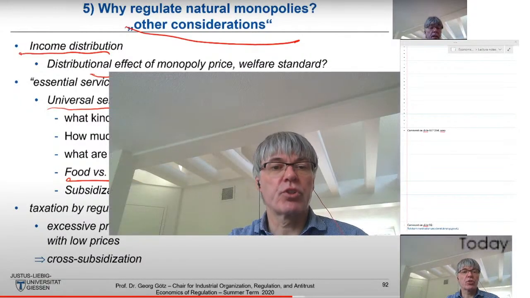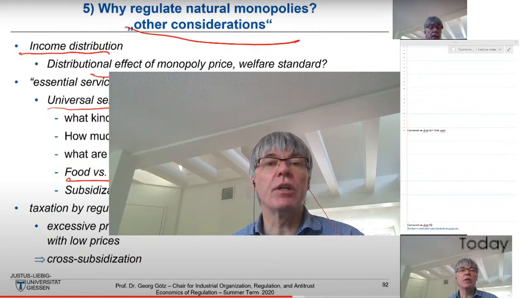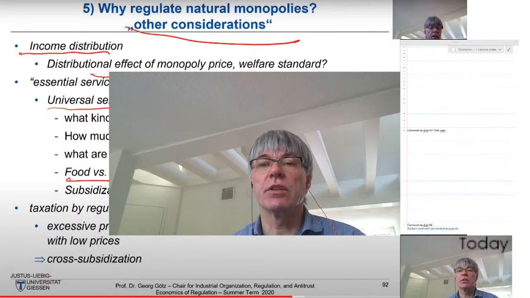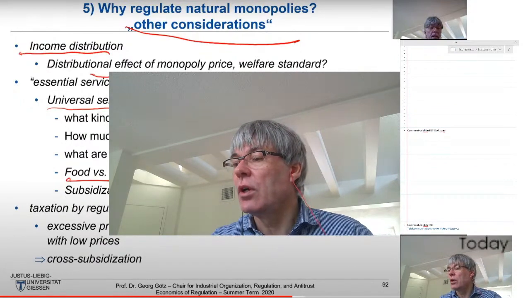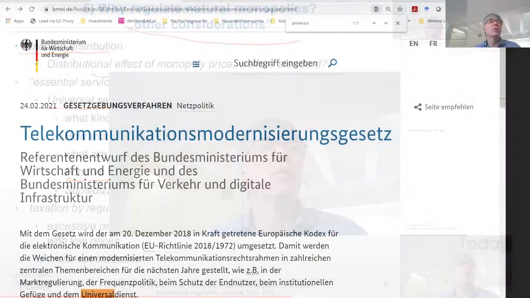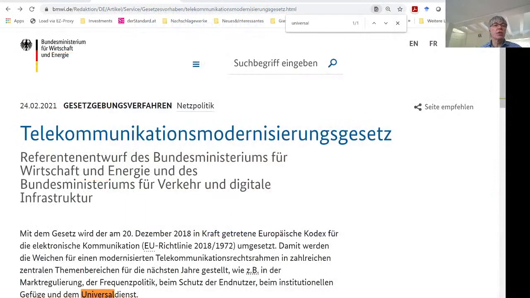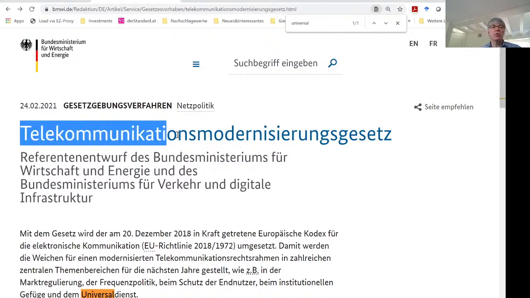I now want just to give you an example that it's really part of an ongoing and current discussion. I just show you that there are currently these legal proceedings. You see currently the Telecommunications Law or the Telecommunications Act is going to be updated, and the new version of this law is called Telekommunikationsmodernisierungsgesetz, as you see here.